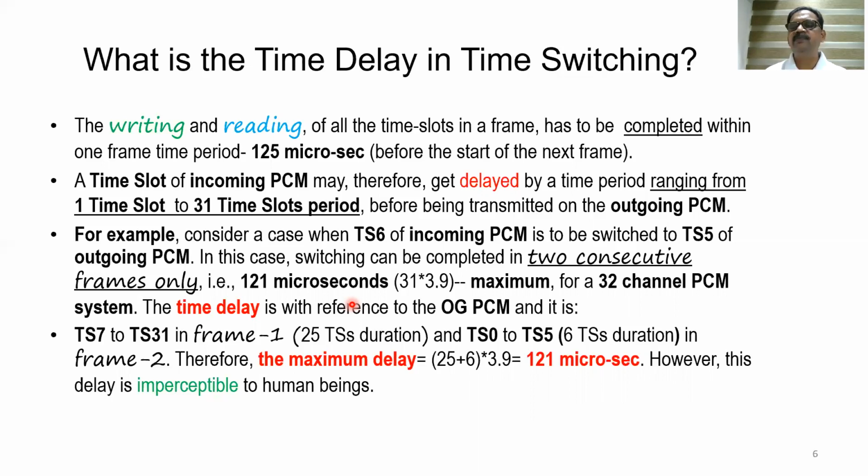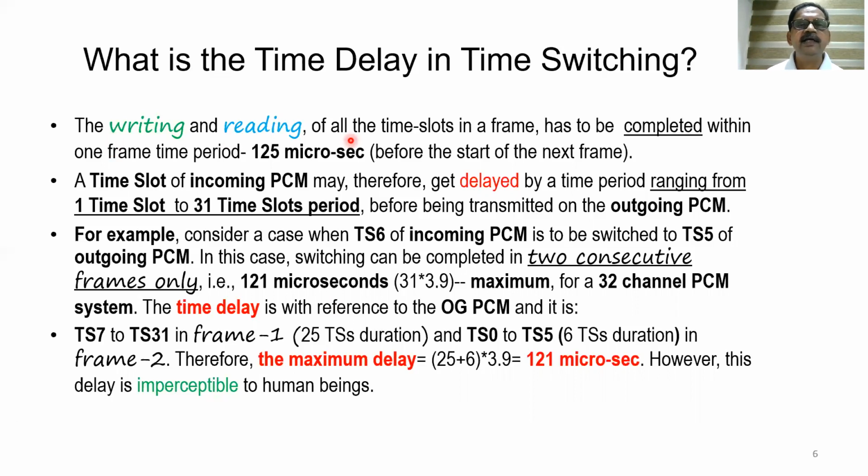What is the maximum delay that may be theoretically possible, or in other words, what is the worst scenario of time delay in time switching? This we will take with the help of an example. We will try to estimate.